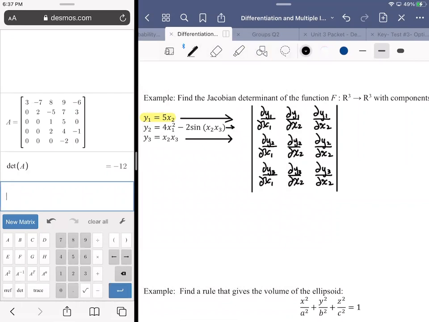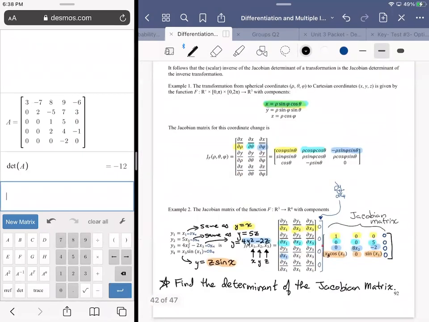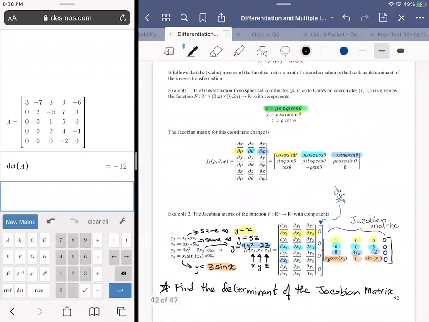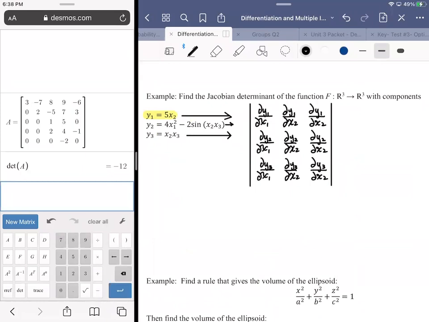The beauty of at least the first part of this, sorry, I just have to check something. I just had a moment where I was like, I didn't copy paste the same example, did I? It's close, but it's not exactly the same. All right, so with respect to x1, we're going to get a 0, because there's no x1 in there.